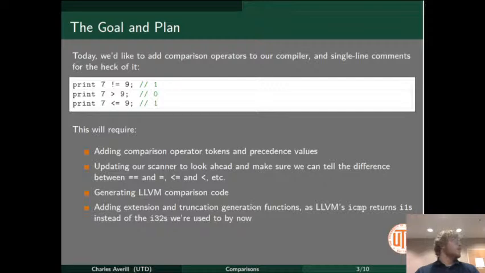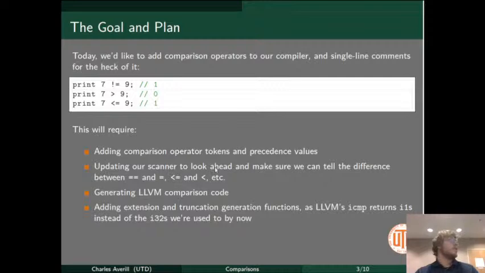So what we're going to have to do is add in comparison operator tokens for all the common ones. We'll see the list in a second. We need to add precedence values for them. We need to update our scanner so that we can look ahead at the next character, because we now have tokens that are prefixes of other tokens. And so we want to make sure that we don't confuse a single equals for a double equals or vice versa.